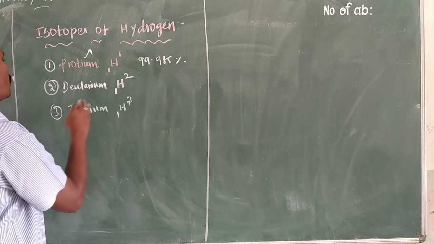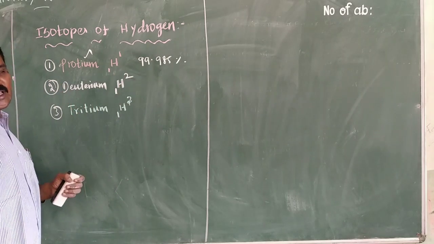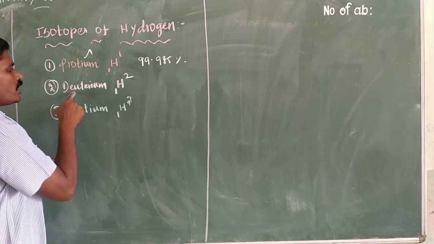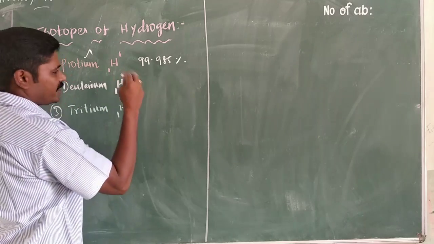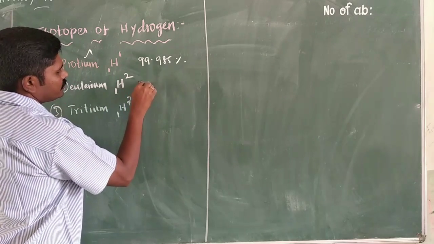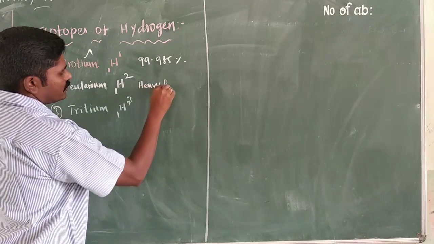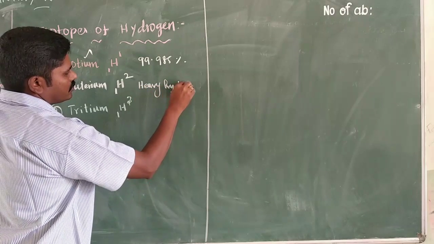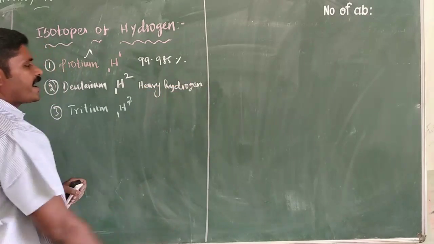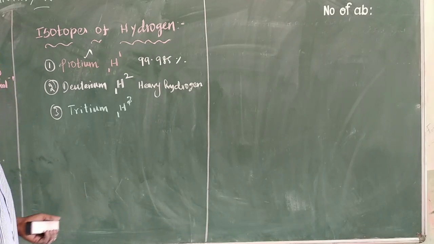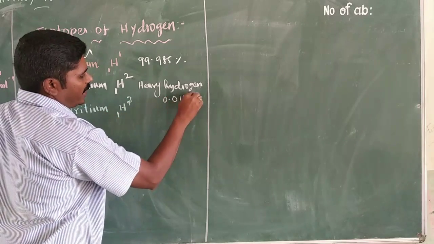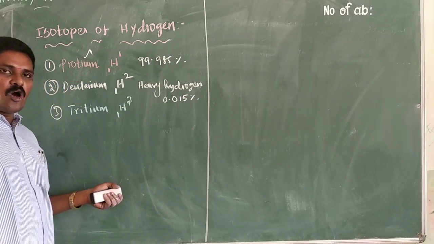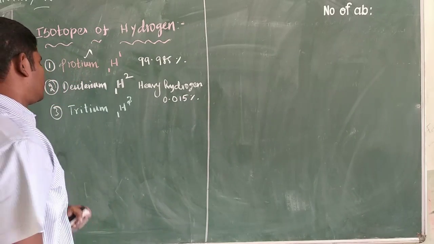The second hydrogen isotope, deuterium, is also called heavy hydrogen, and occurs at 0.015%.